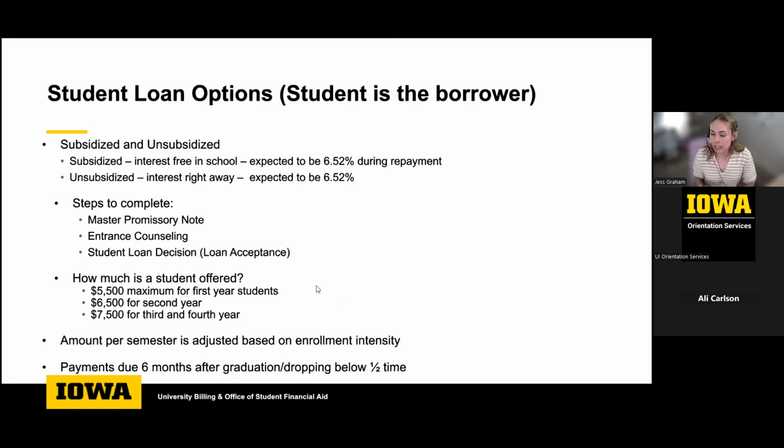Overall, a student needs to be enrolled in 6 semester hours to be eligible. But now we're going to start seeing students, even if they're in just 11 hours, see a reduction to their loan, and if they're in 9 hours, and so on and so forth. And finally, I'll just mention your student does not have to make any payments on these loans until 6 months after they graduate or drop below half time, which is 6 hours.